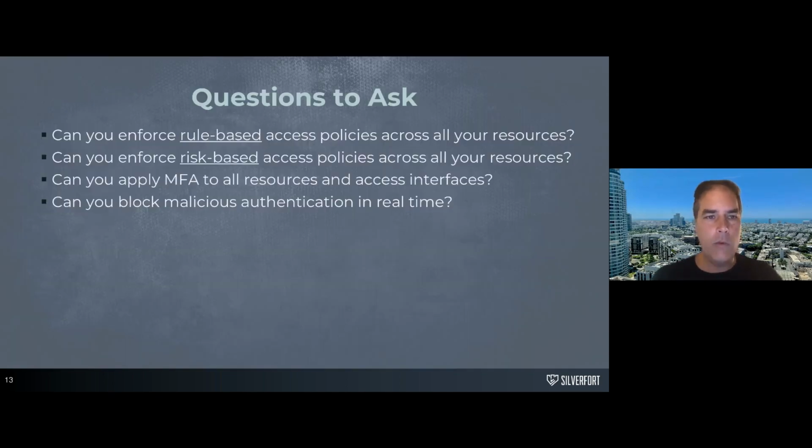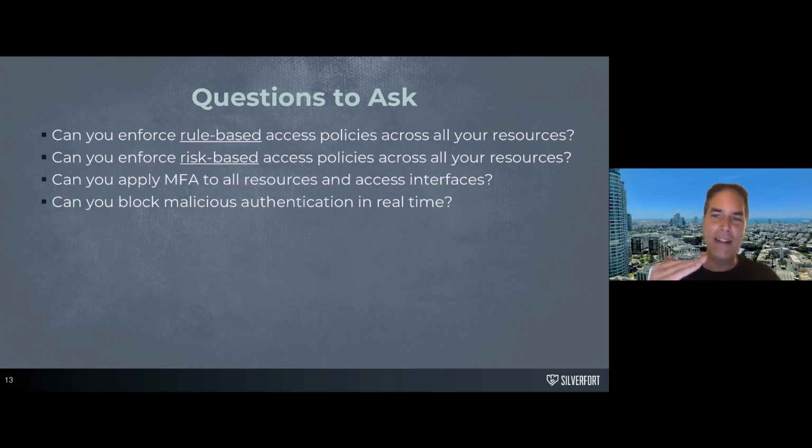And here are some helpful questions to ask yourself. Can you enforce rule-based access policies and risk-based policies across all of your resources, right? Do you have the ability to do that across every resource in your environment? And furthermore, can you apply multi-factor authentication, MFA, to all of those resources and all of those access interfaces, right? Emphasis on the word all, because if the answer is no, if it's not all, then there is a path, right?